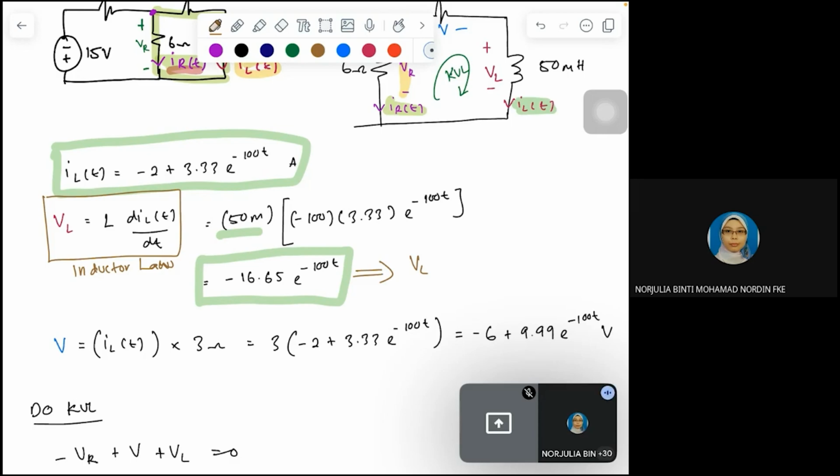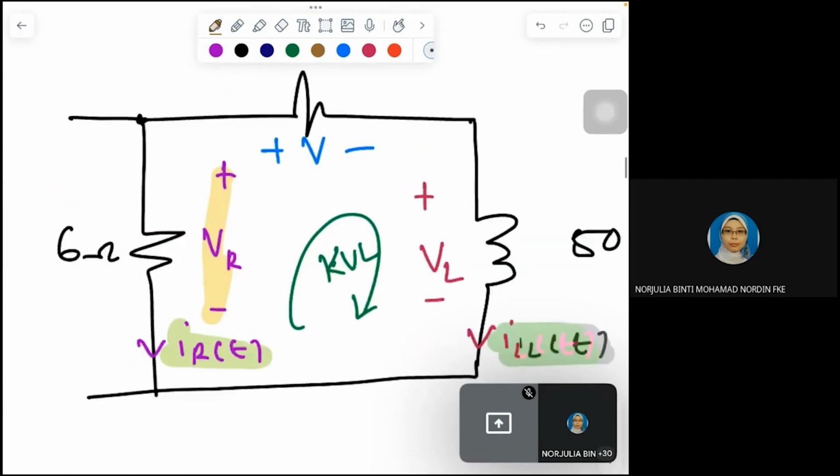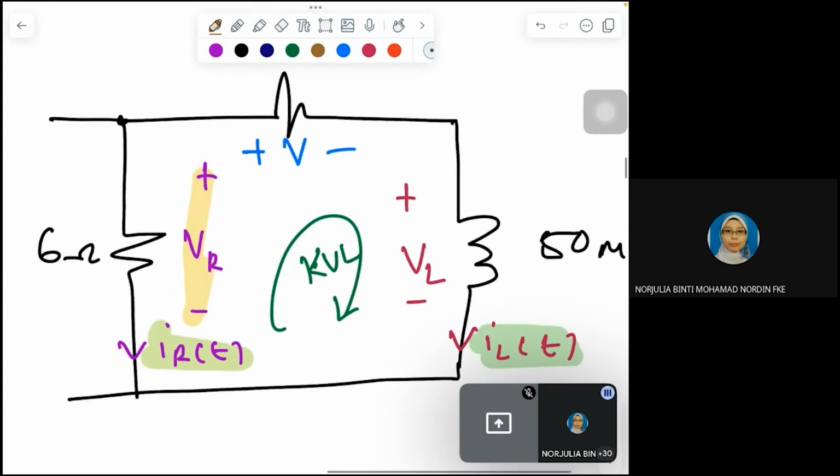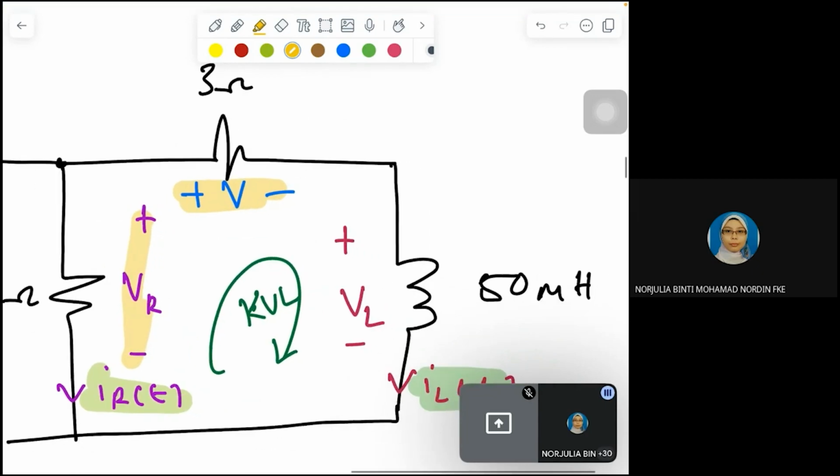Then after that, to apply KVL at this loop, we also need to determine V, which is the V across 3 ohm. Since this resistor is in series with your inductor, it will receive the same amount of current that the inductor received.